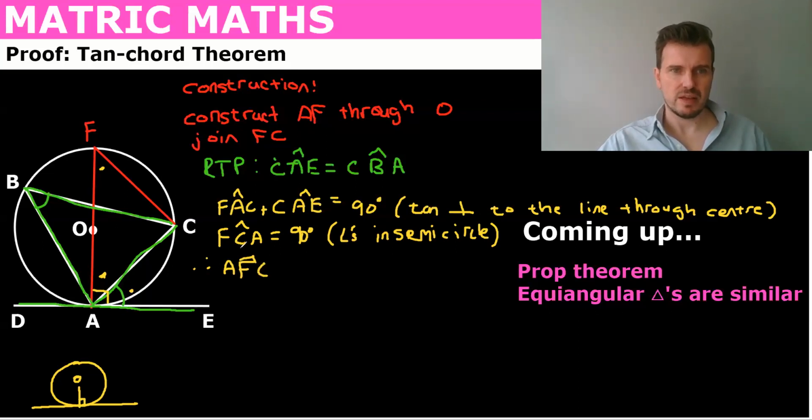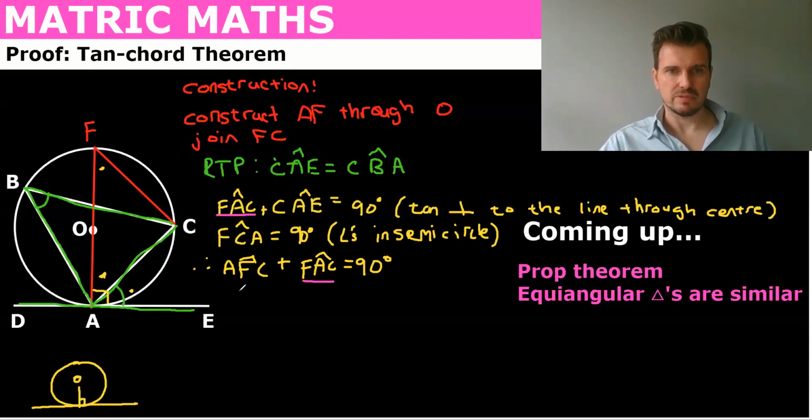Therefore, AFC plus FAC equals 90 degrees. Okay, so I want to highlight now what we've got. See, we've got FAC and FAC. So these two are connected.